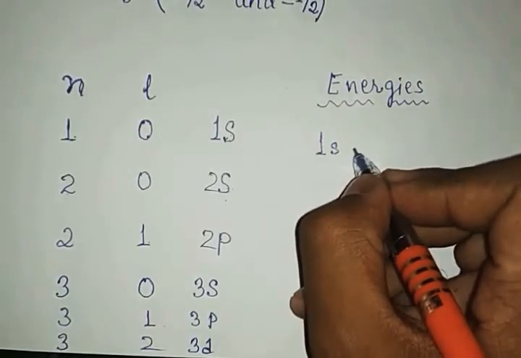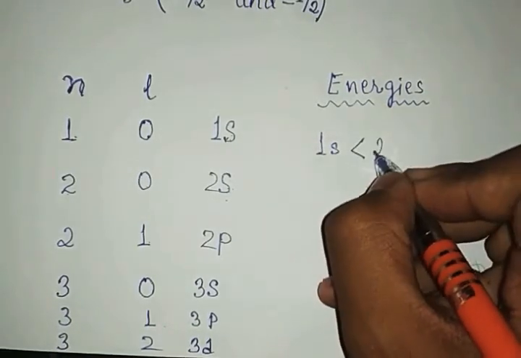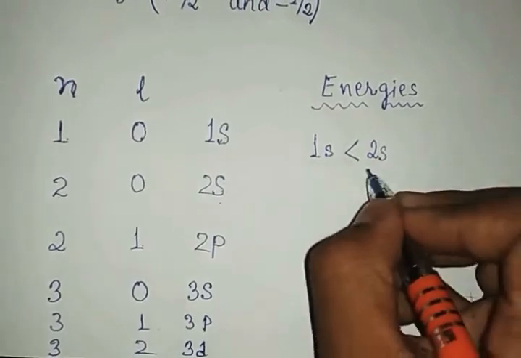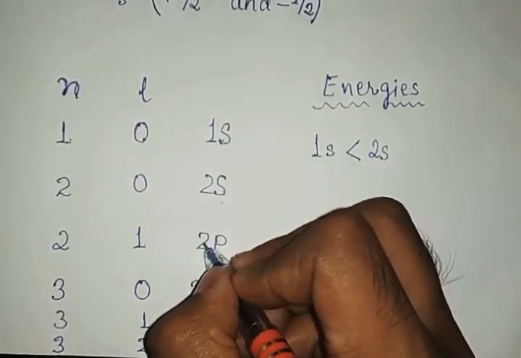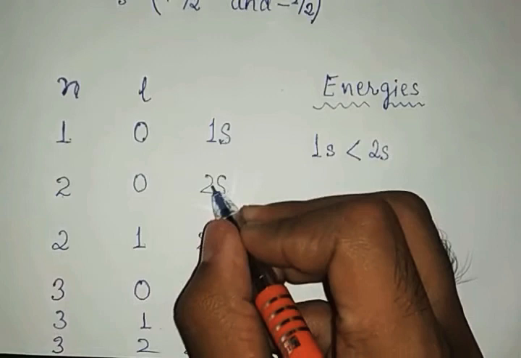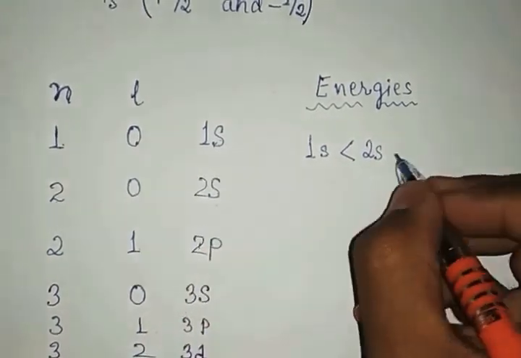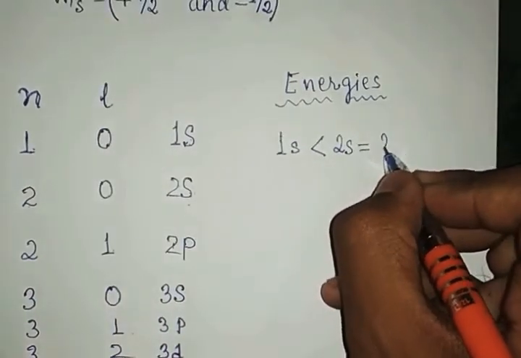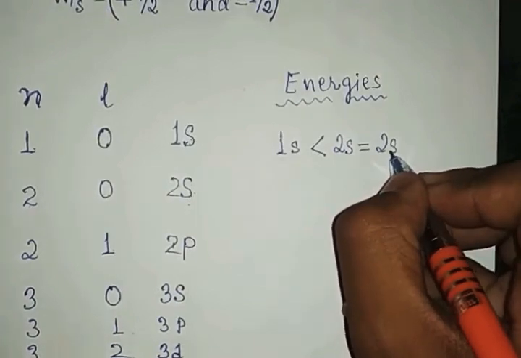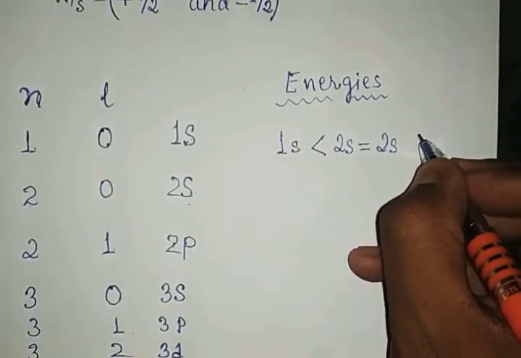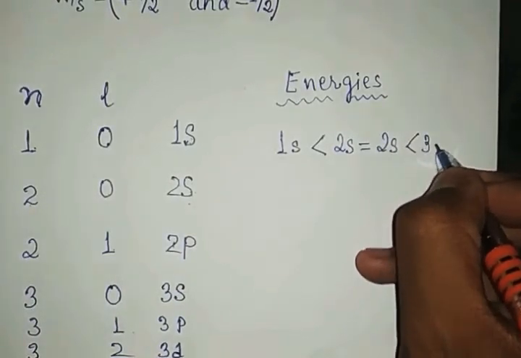The energy of 1s is less than 2s. Then 2s and 2p have the same principal quantum number, so their energies are equal. This is less than 3s.